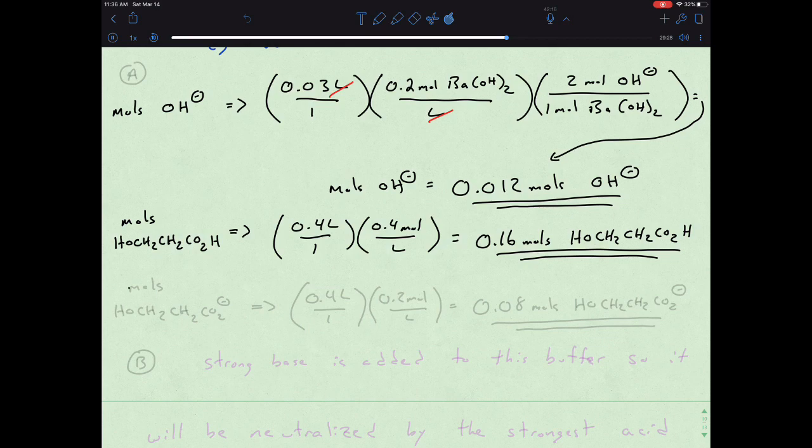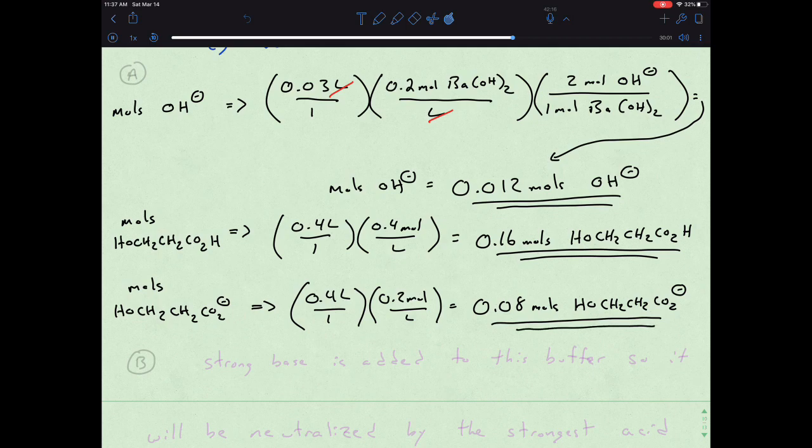And we can do the same calculation for our glycolate, where we had, again, the same volume of 400 milliliters or 0.4 liters, and the concentration of it was 0.2 molar. So we get a value of 0.08 moles of the glycolate.